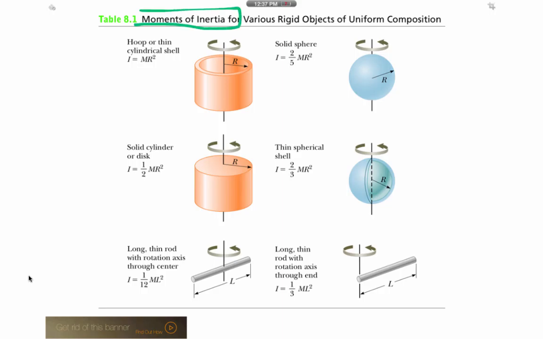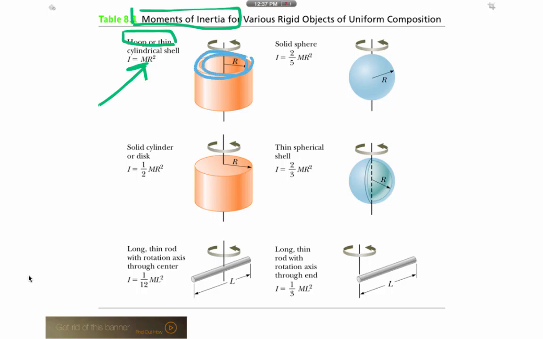And for each shape, as you can see, let's take this thin hoop. Hoop would mean a ring. Imagine that this is a ring, not as thick as this one. Imagine that it is a thin ring, like any ring a person wears.